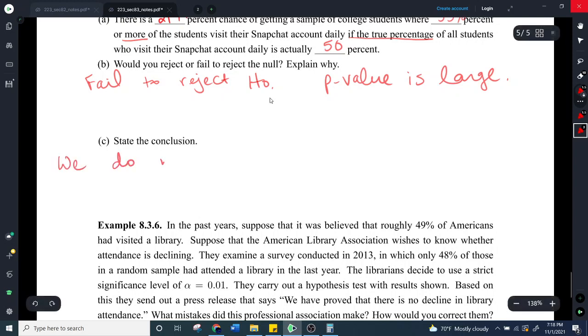We do not have evidence to support that a majority, right, the alternative hypothesis.